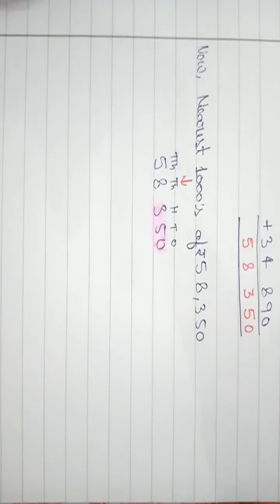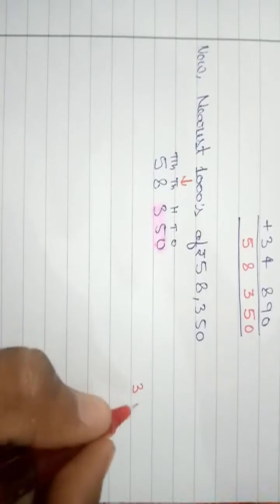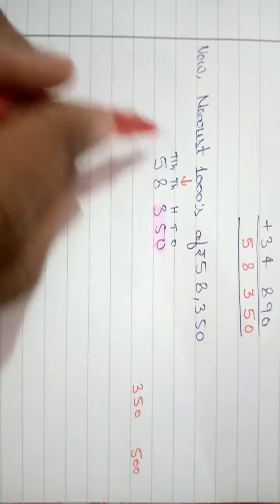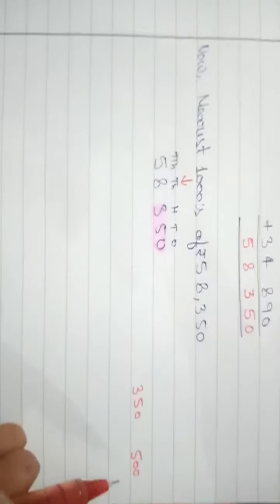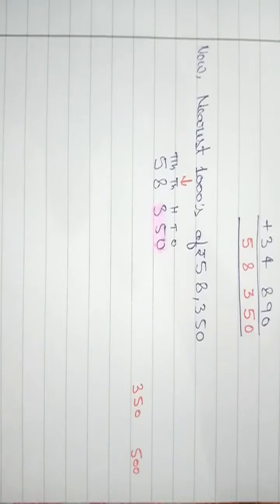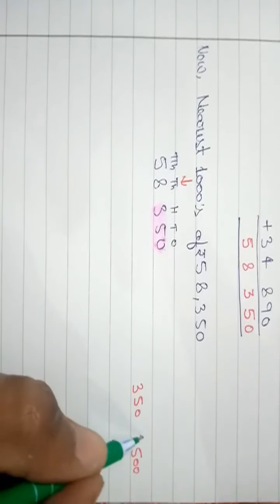Now highlight your right hand side place. It is 350. Now we will compare 350 to 500, because half of a thousand is 500. Here we see that 350 is less than 500.